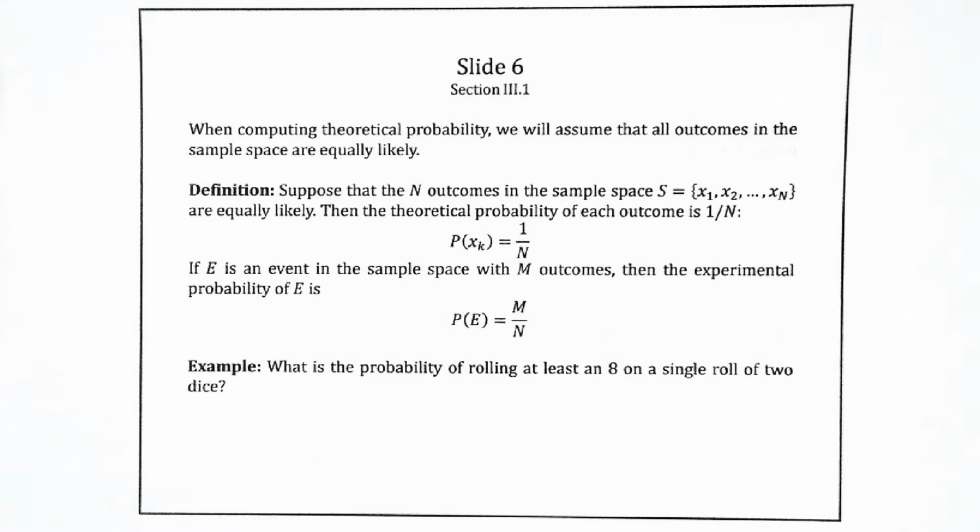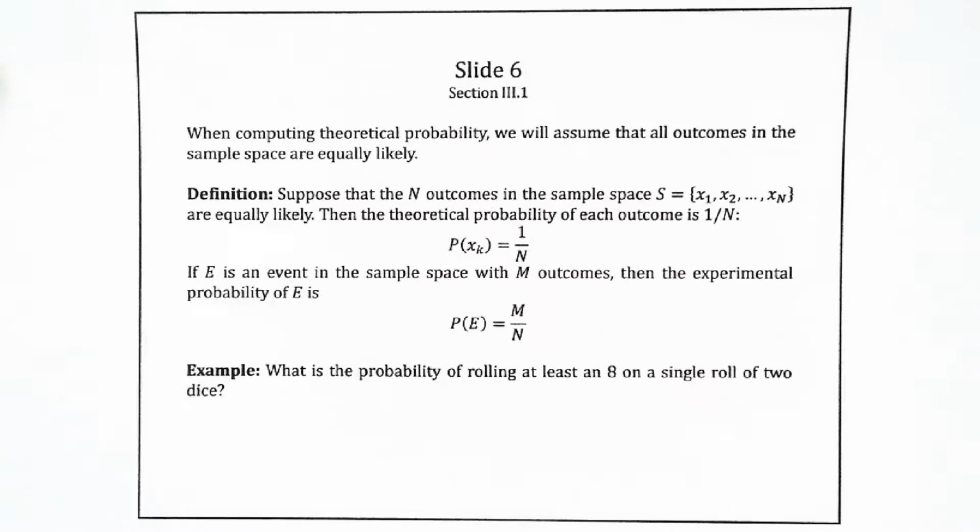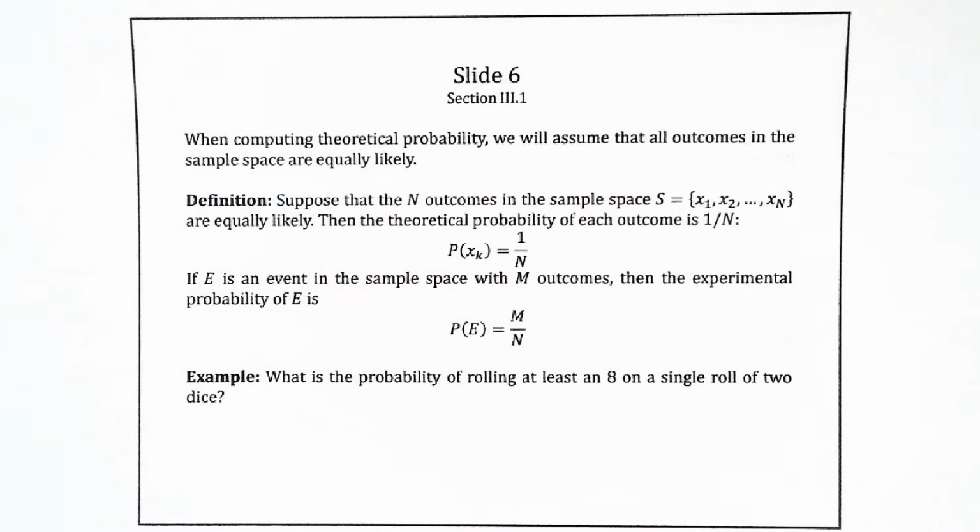And when we talk about theoretical probability in here, we're going to assume that the way we're listing the outcomes is so that they're all equally likely. Okay, so when I'm talking about rolling dice, then I don't want to look at the outcomes as just the sum of the two dice, because those are not equally likely. I want to keep track of how each die lands. Those 36 outcomes were equally likely.